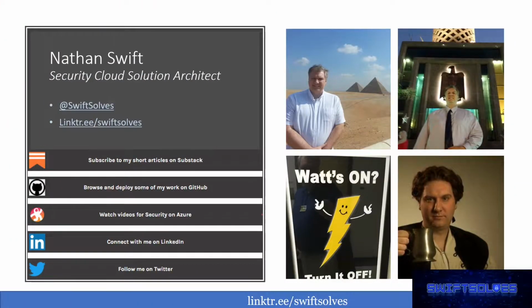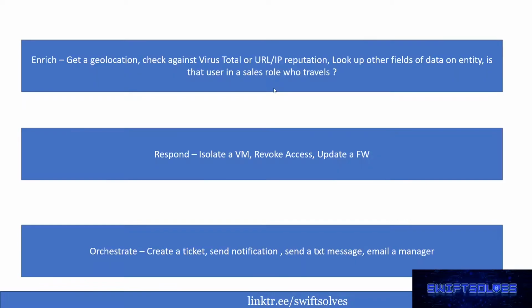So to begin with, when we're thinking about automating security on Azure, there are some fundamental things to think about. Really, there's kind of three main areas that you can automate security on Azure. The first area that you can think about when you want to automate security on Azure is enriching data.